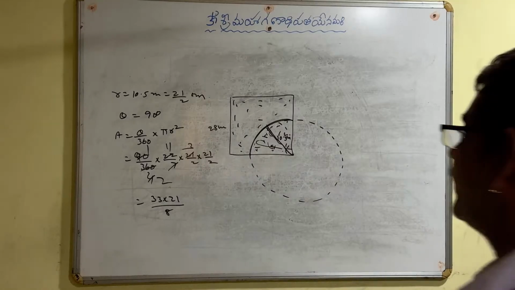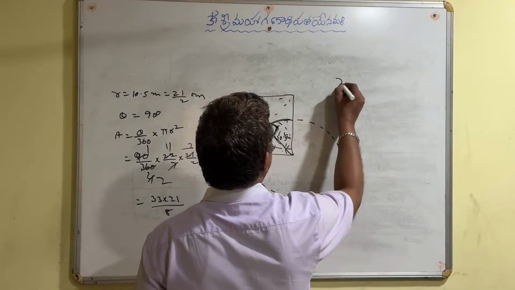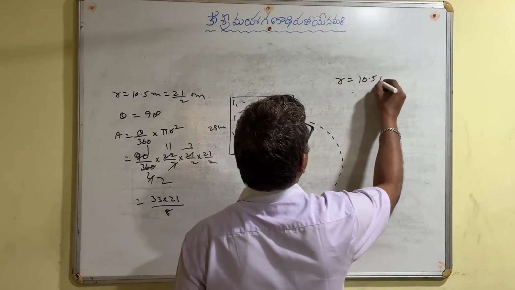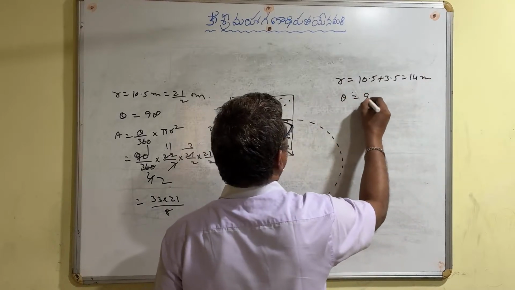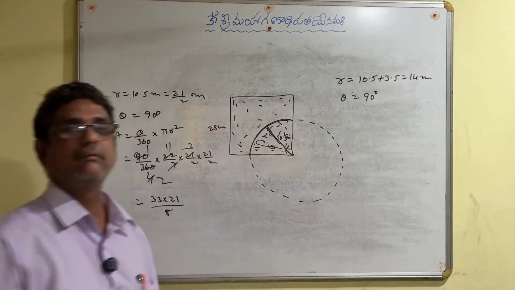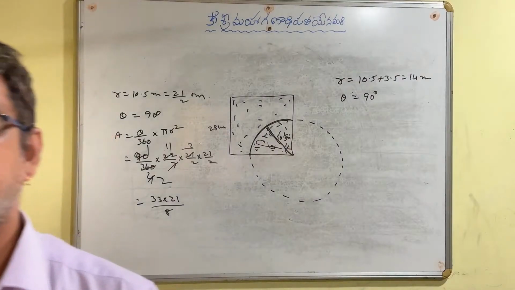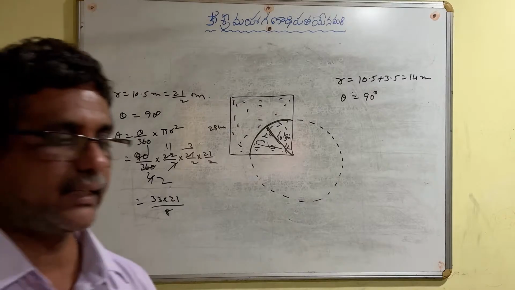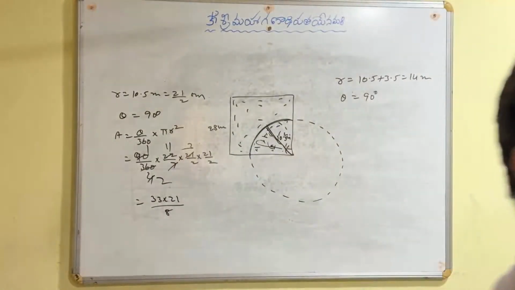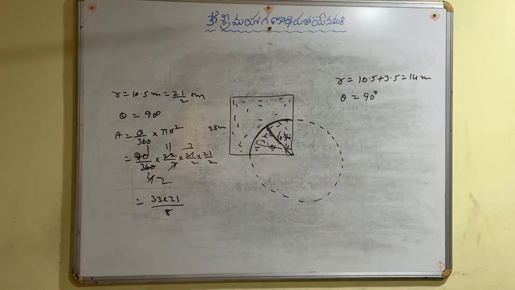Again, we have to find the area of sector, but now the radius will be 10.5 plus 3.5, 14 meters, and theta will not change. Theta will be as it is. Again, find the area of sector. Then find the difference.